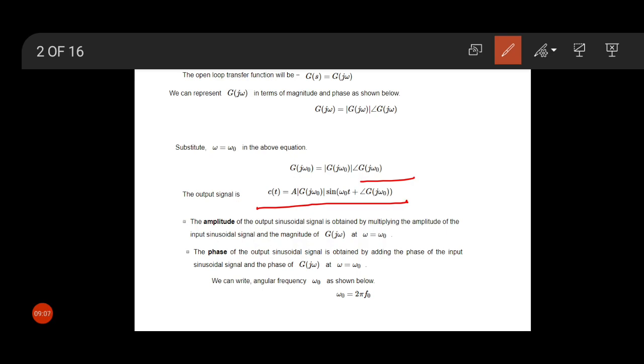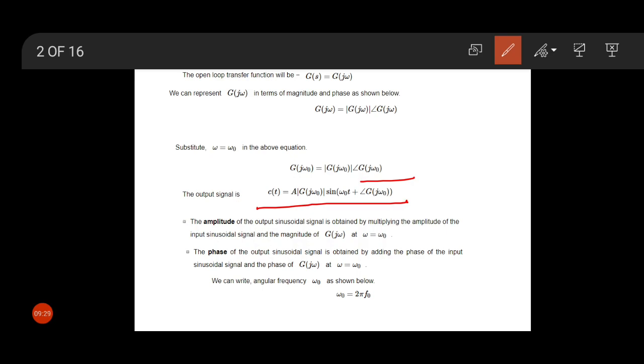This is the frequency response of the system, which is nothing but the steady state response of the system to a sinusoidal signal.